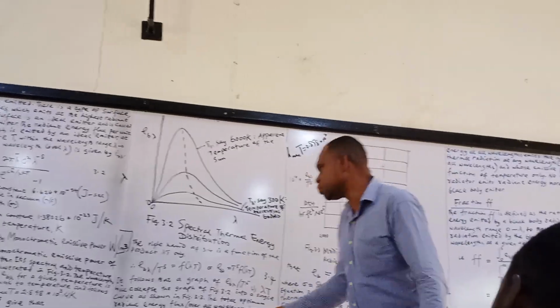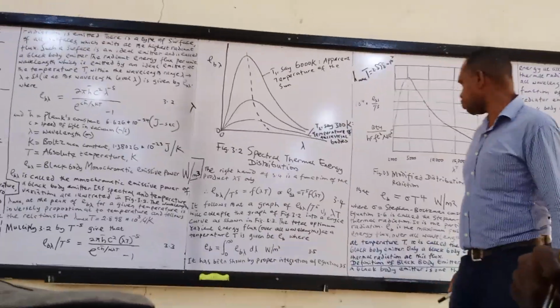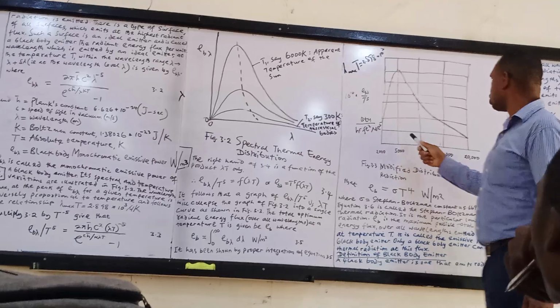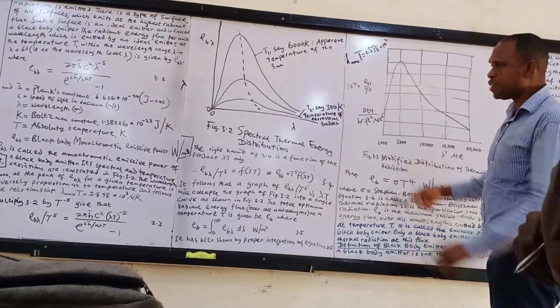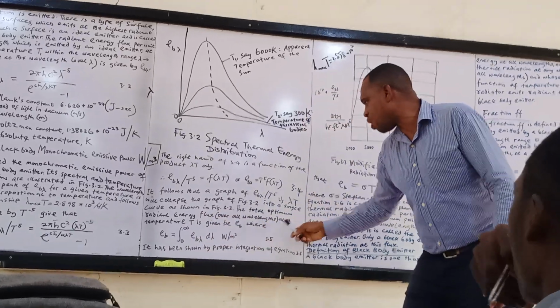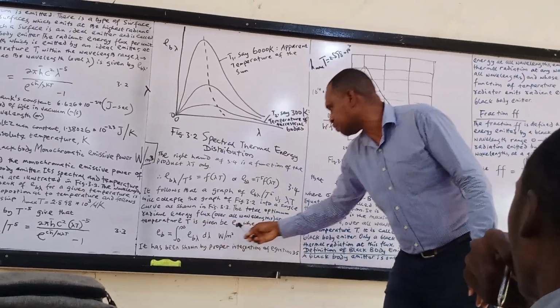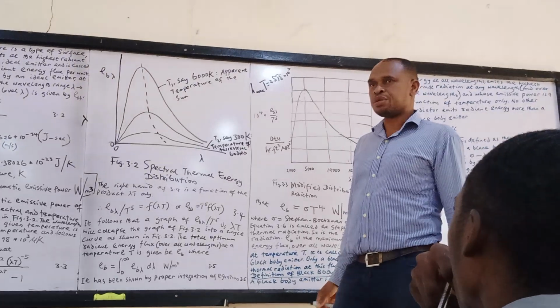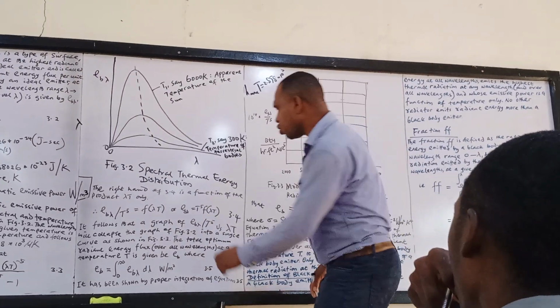So the total optimum radiant energy flux. I think there's something I will write here, so I will fill it up now. The total optimum radiant energy flux over all wavelengths at a temperature T is given by what? E_b.